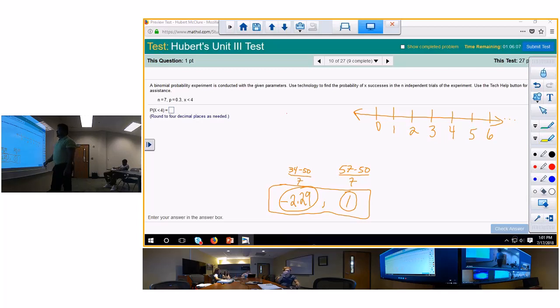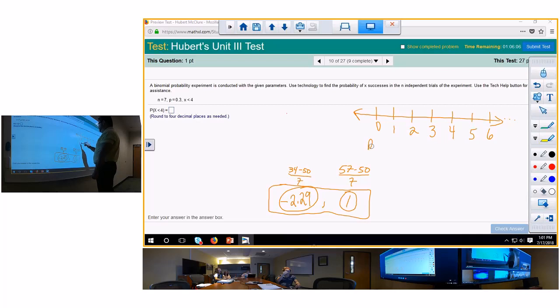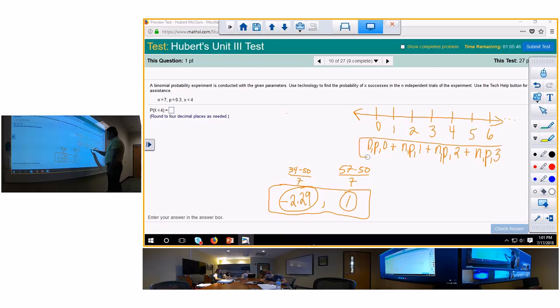So you're going to do NP0, plus NP1, plus NP2, plus NP3. Are we going to include 4? Why? Because it's not inclusive of 4. It doesn't have an equal sign under the inequality.